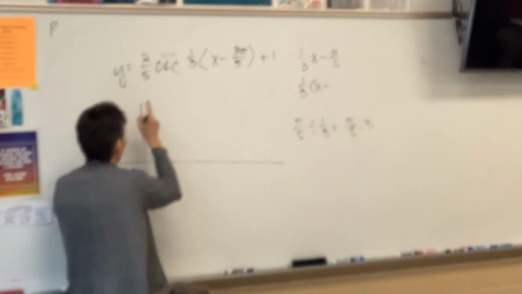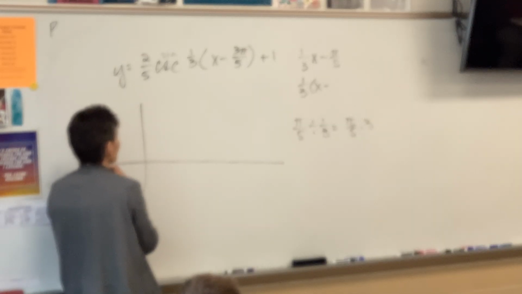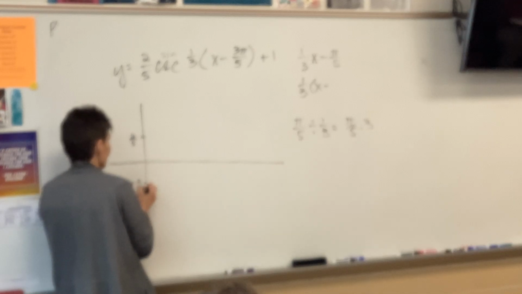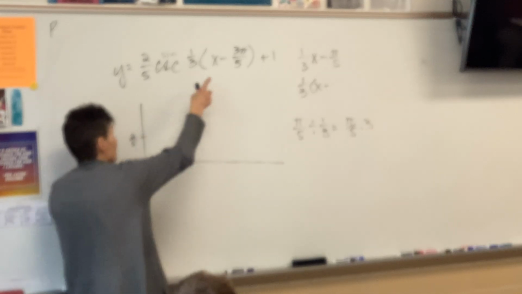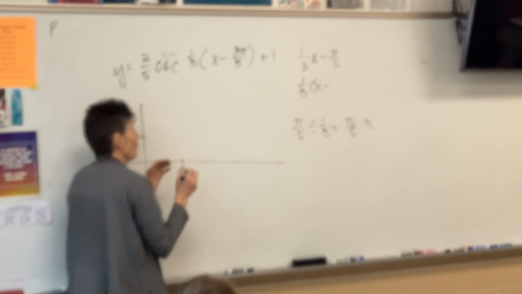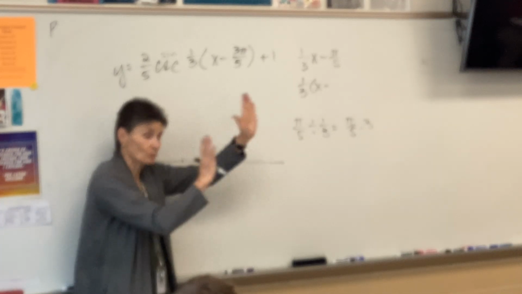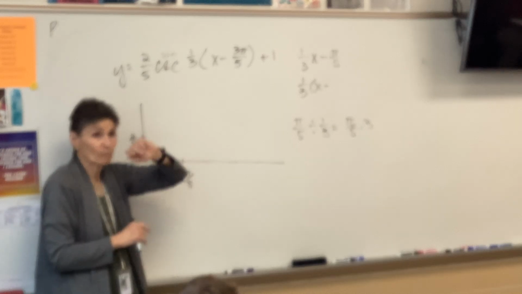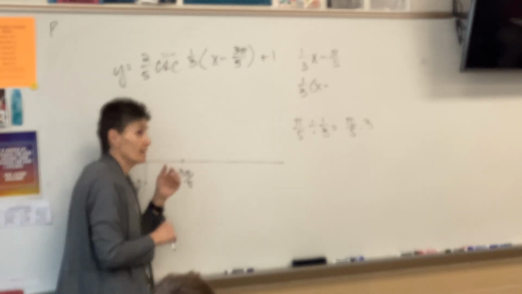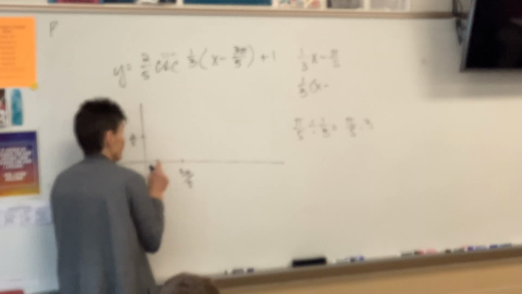So this is a positive sine curve with an amplitude of 2/5 and a phase shift of 3 pi over 5, or a horizontal shift of positive 3 pi over 5. You with me? Okay. Positive sine curve starting here.